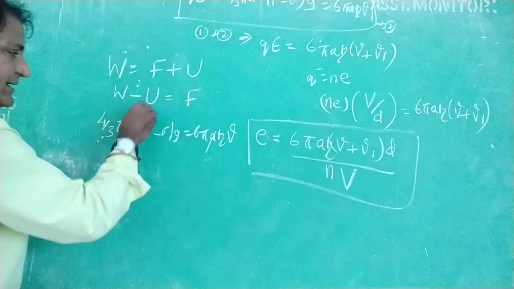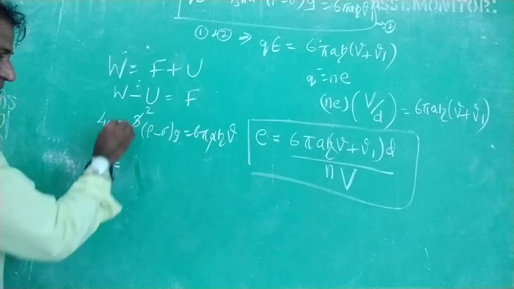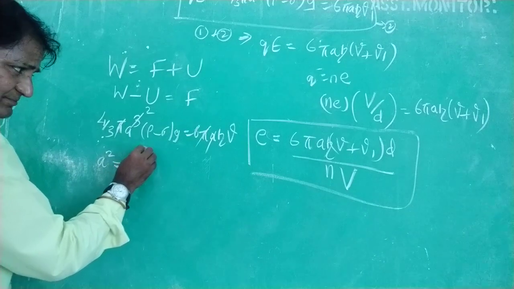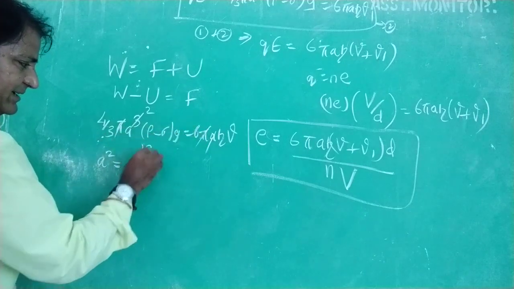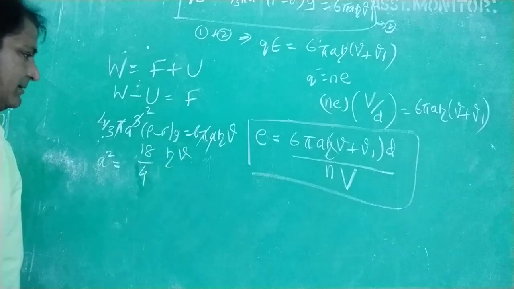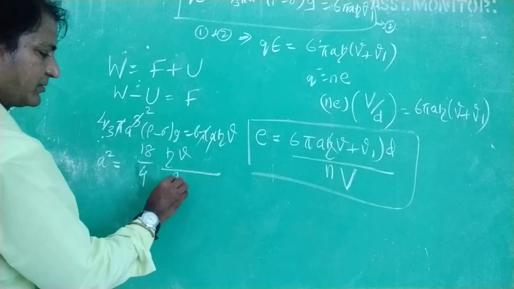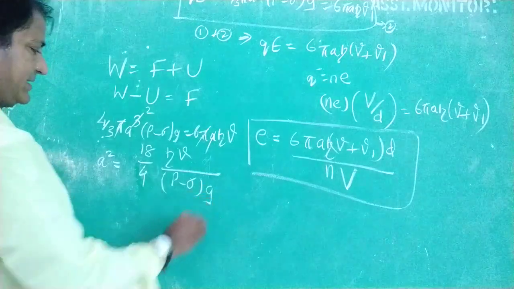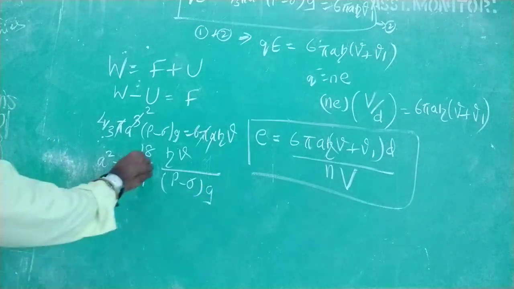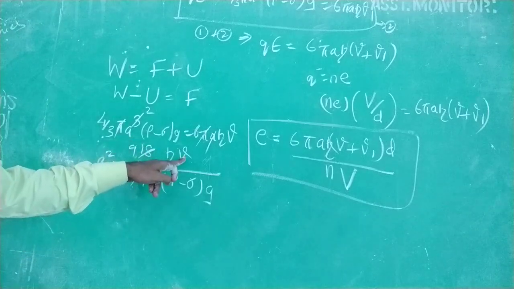So a squared is equal to, pi will cancel, 6 threes are 18, 18 by 4, eta V divided by rho minus sigma into g. So this becomes 9 by 2 eta V by rho minus sigma g, equal to a squared.